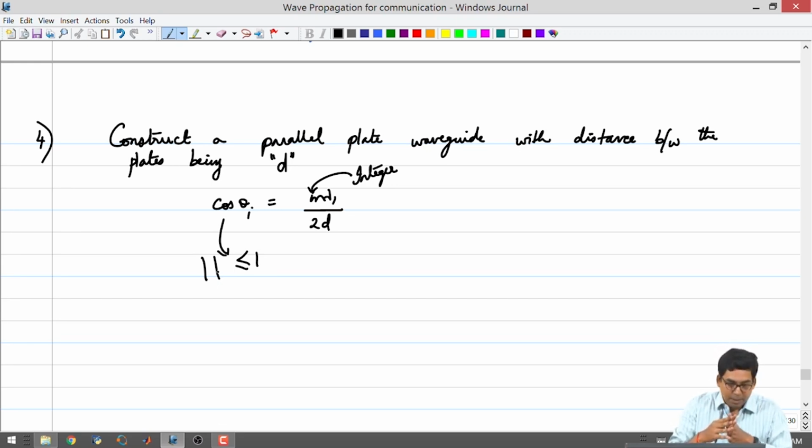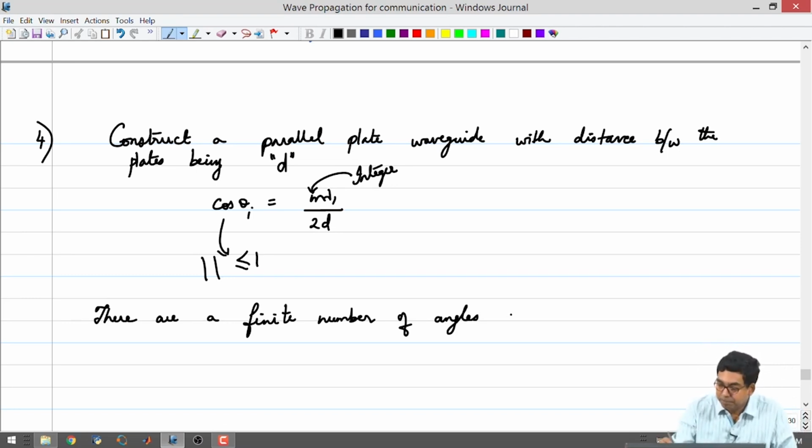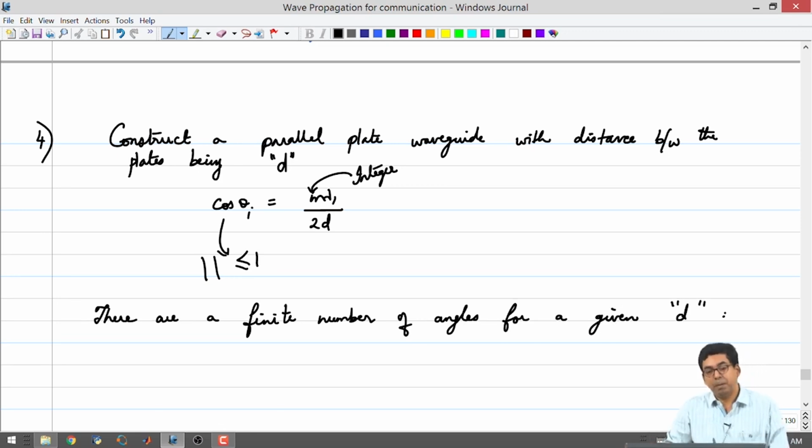All we are trying to say is that this cos theta I magnitude has to be less than or equal to 1, which means that already we are seeing that there are a finite number of angles for a given separation, because you cannot keep on increasing m to 3, 4, 5, 6.